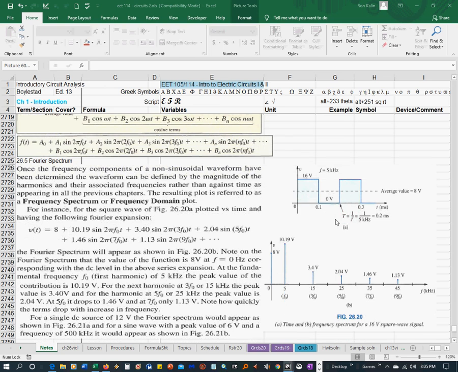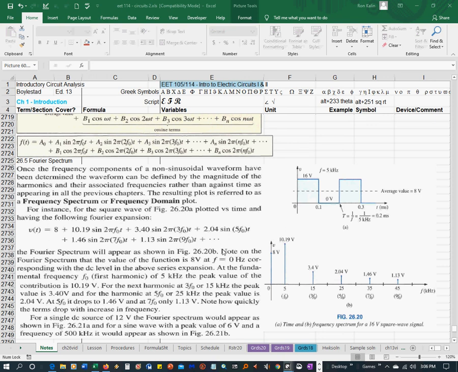You can break this signal down, rather than voltage versus time, into voltage versus frequency. So you have these little spikes on here, these impulses. Whenever you have this broken down, this is what it looks like.